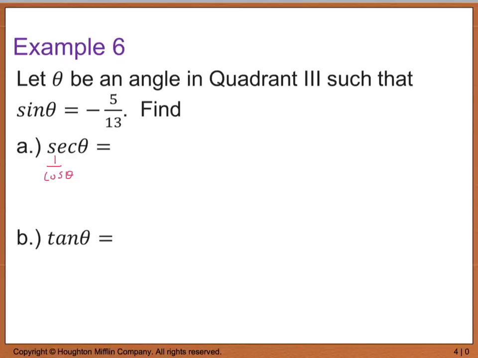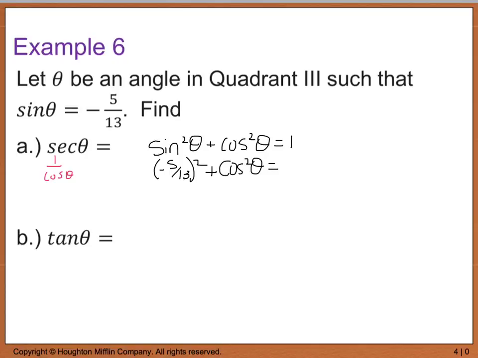So, using my trig identities, I was given an identity that said sine squared theta plus cosine squared theta equals 1. Well, in this case, I know that sine theta is a negative 5/13, and we're going to square that, plus my cosine squared theta, and that's going to give me 1.